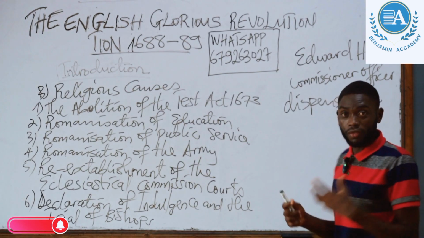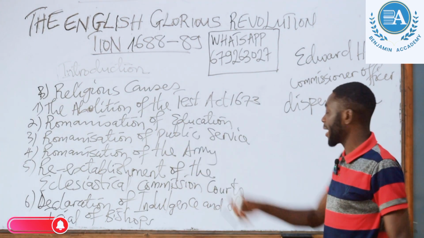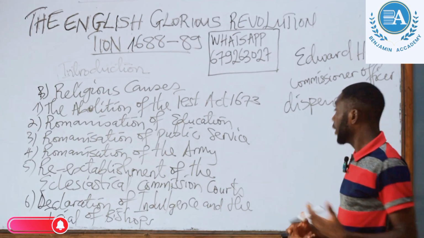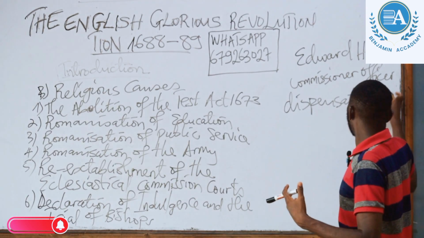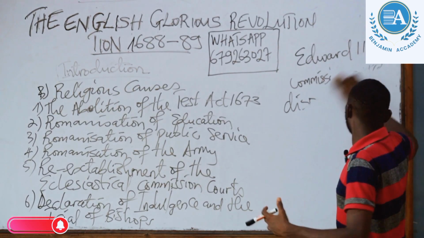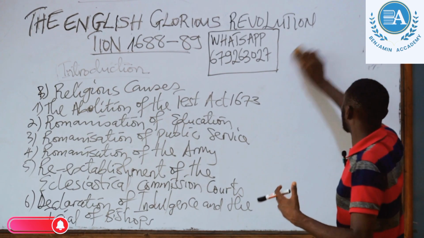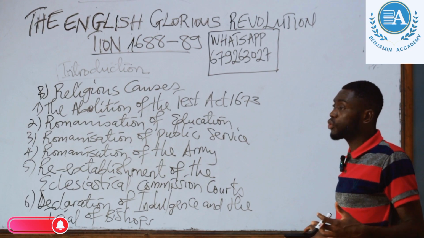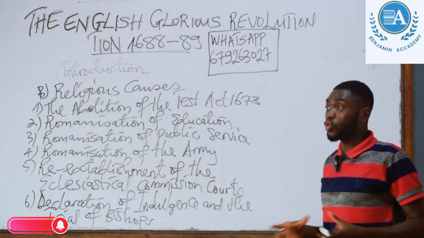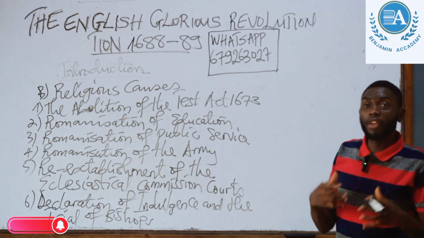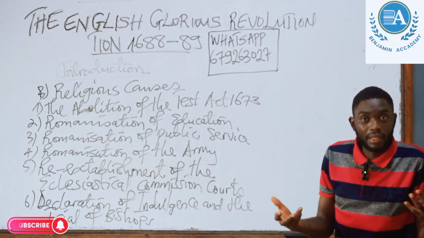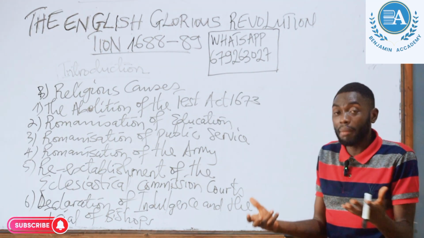The second religious reason is the Romanization of England. As we said, the people of England never wanted Roman Catholic institutions in their country or Roman Catholics to rule their country. But James came to power and struggled to convert some of the prestigious universities and colleges that were at the time in England.